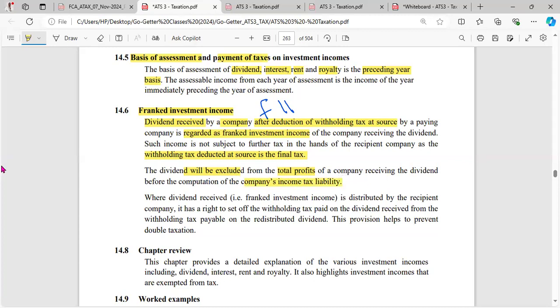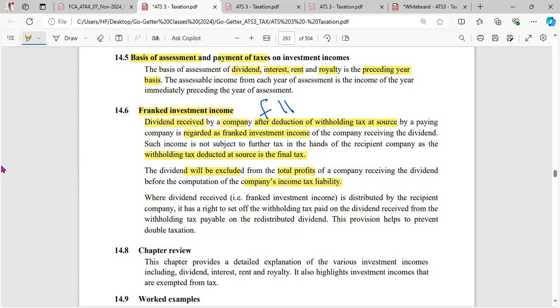What they normally do is, when they are bringing all the income received from all sources, they will include it, then deduct it, because if you don't deduct it, you are going to charge tax on it. So you first include it to recognize that this income was earned, then you remove it to show that it is franked investment income.